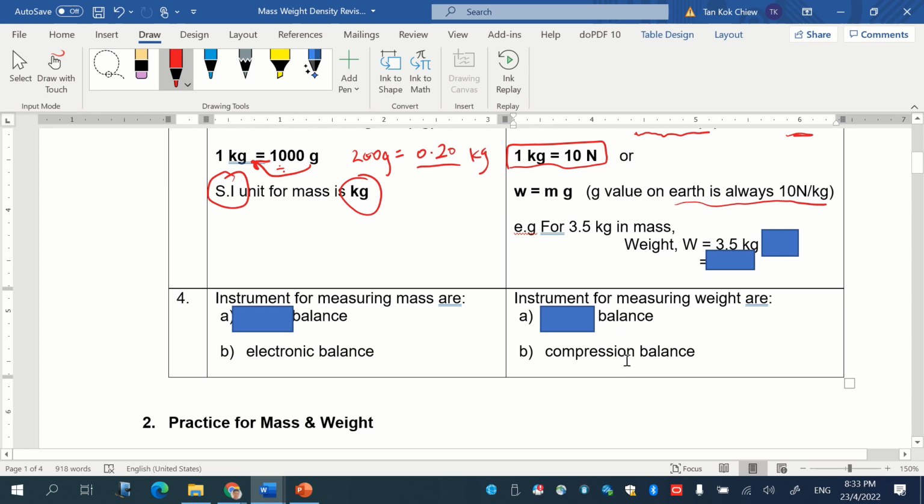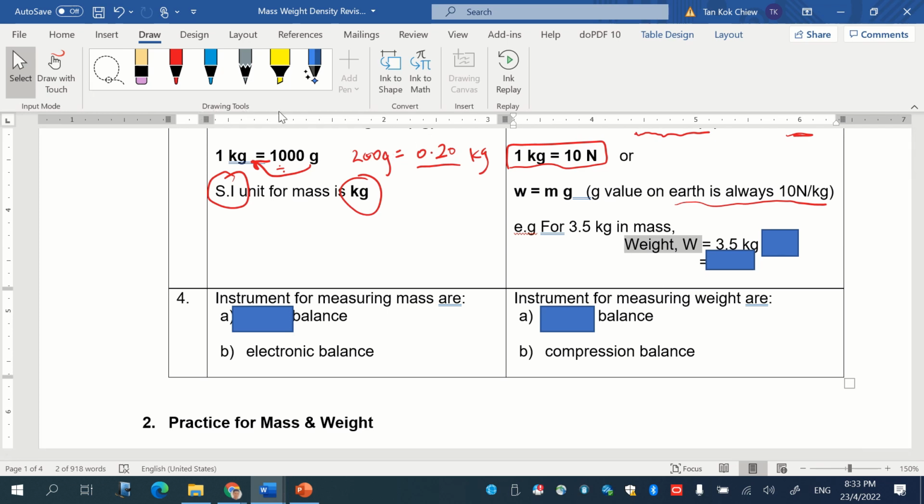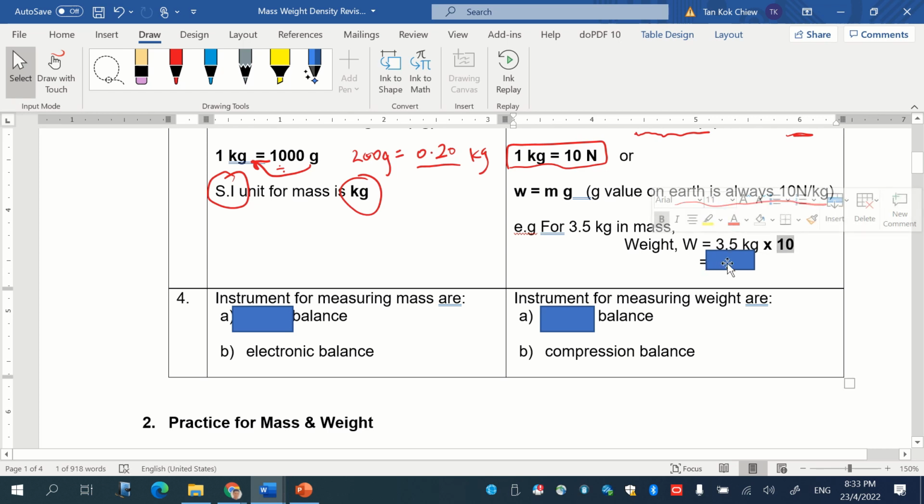So here you see 3.5 kg in mass, to convert to weight in Newton, it will be 3.5 kg multiplied by 10. W = mg. m is the 3.5 and g is the 10, and then you get your 35 Newton.